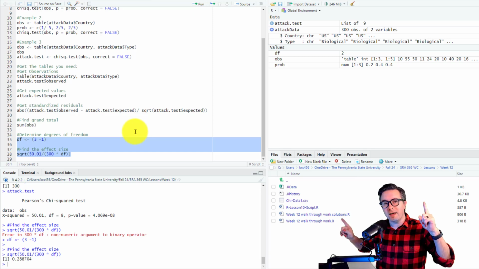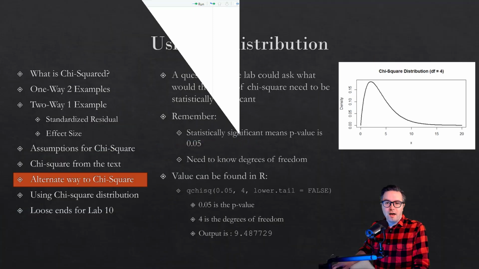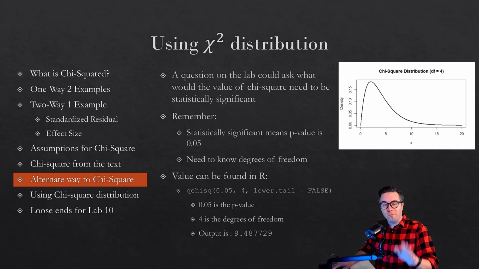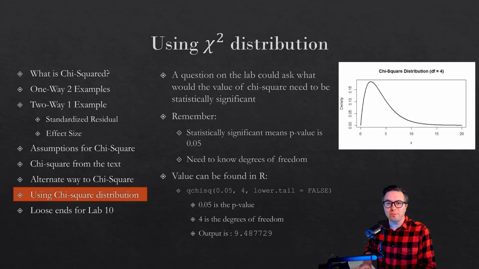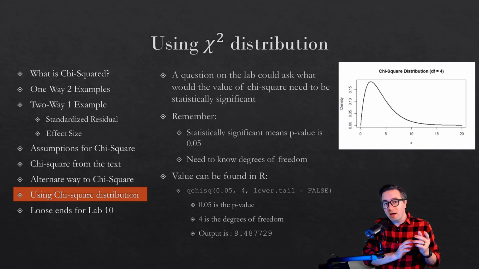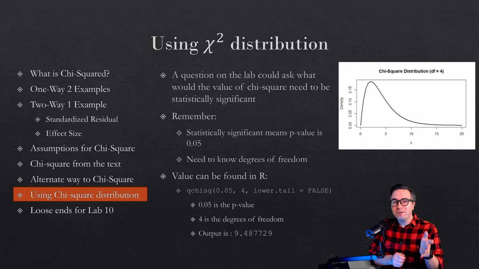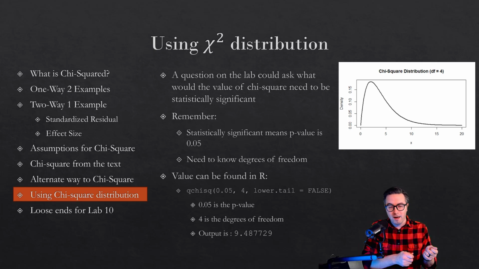Let's go back to the slides and we'll finish this up. All right, so we saw my way, and now we have a couple of things to clear up. If you haven't noticed on the slide so far, a question on the lab could ask what the value of a chi-square would need to be to be statistically significant. Remember, statistically significant means that the p-value is less than 0.05.